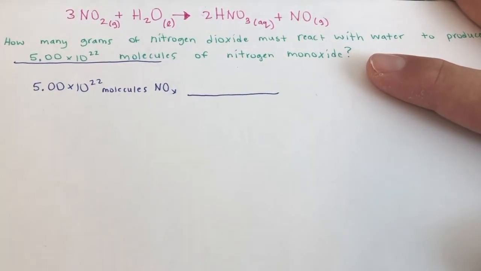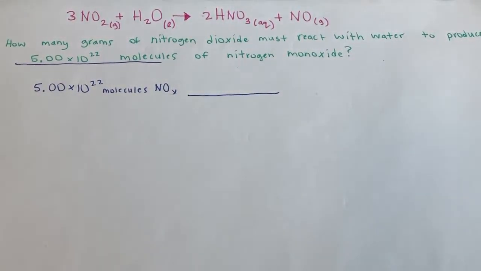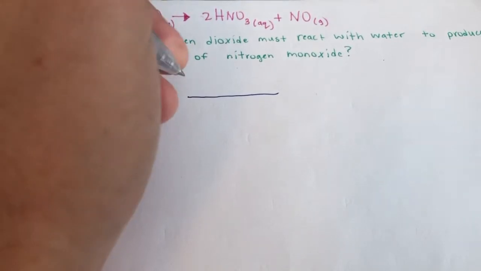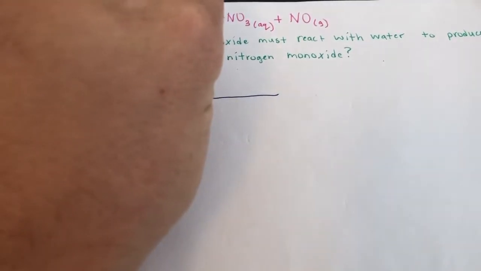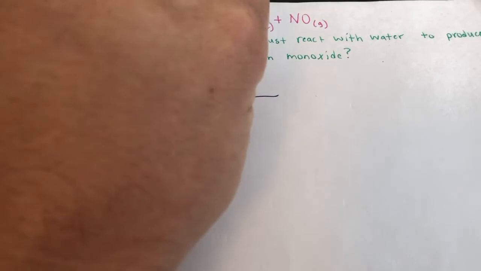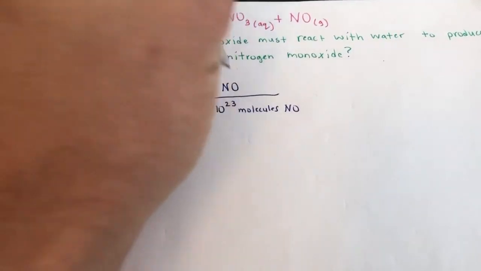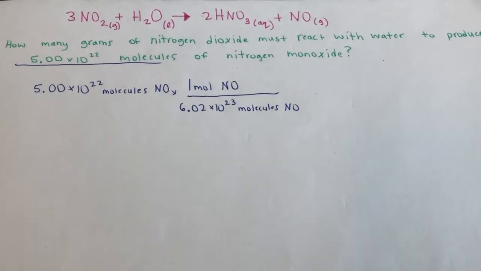Well, what do we know about molecules? Well, we know that there's Avogadro's number, right? So there's 6.02 times 10 to the 23rd molecules of NO in 1 mole of NO. That's just Avogadro's number.